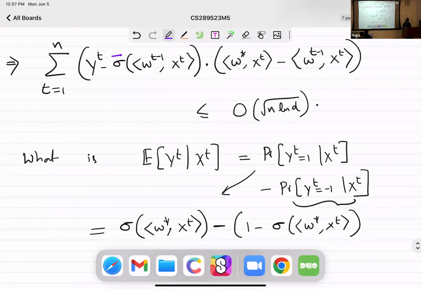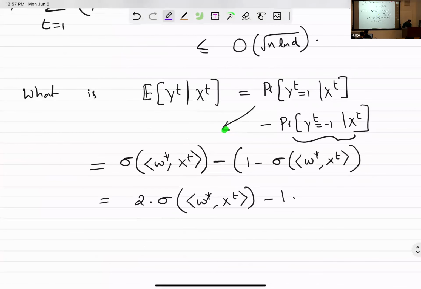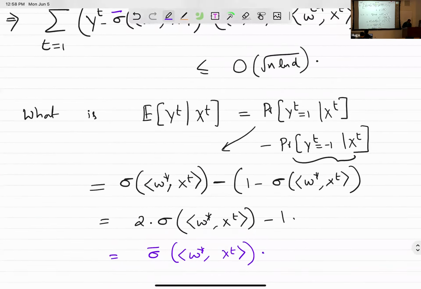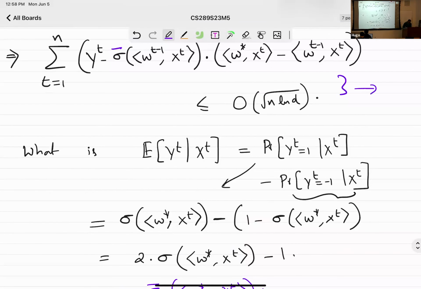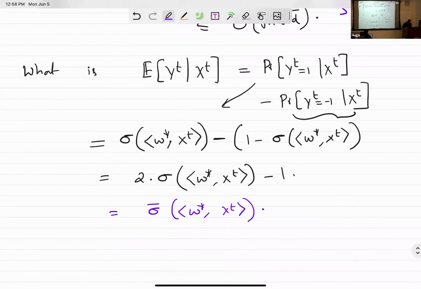Okay. So this is sigma bar. Right? Okay. So now what does this equation imply?